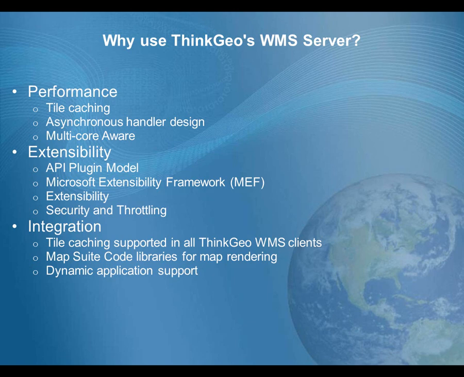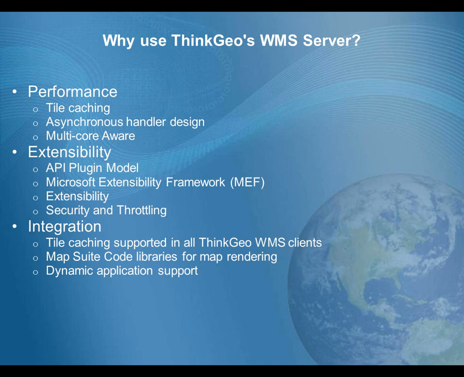The other advantage is that you can use the Map Suite core libraries for doing your map rendering. So when you as a developer are creating your plugin, you can use the Map Suite core library. So you have access to the shapefile feature source or getting data from Oracle Spatial, PostGRE.